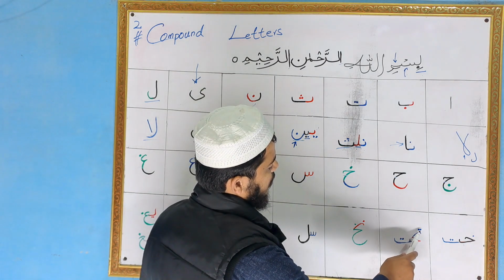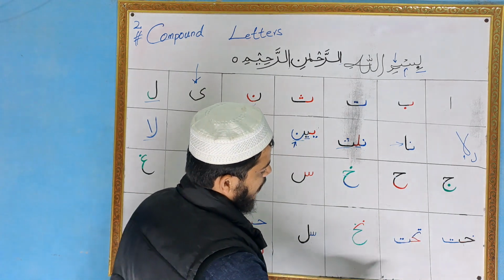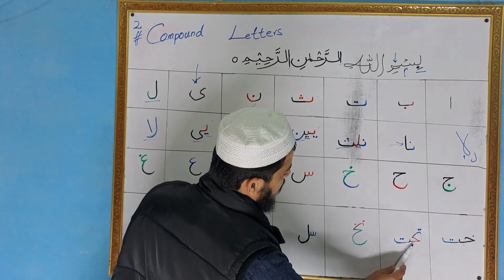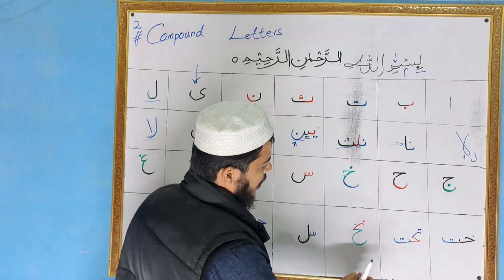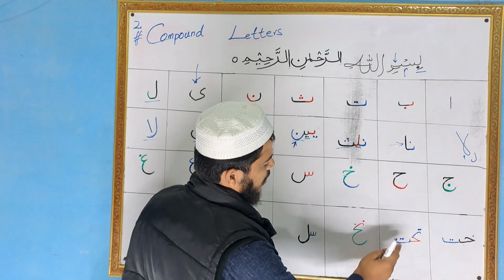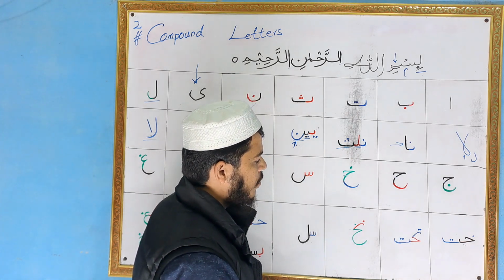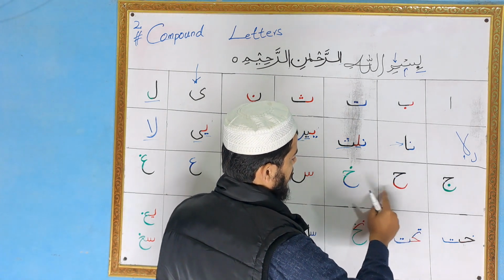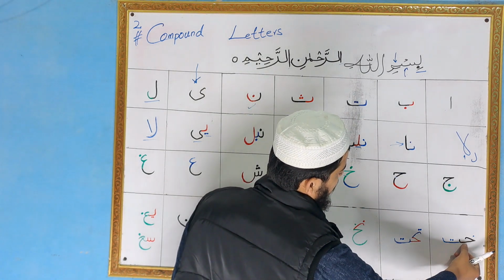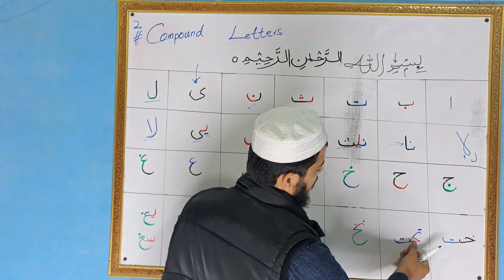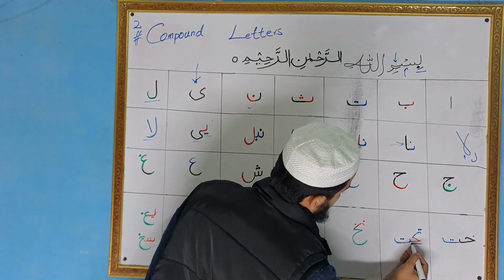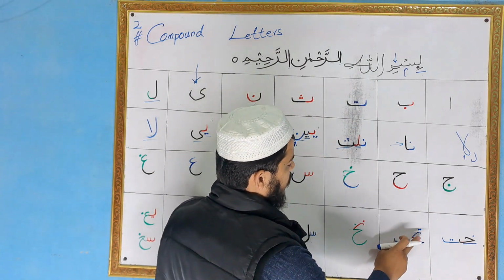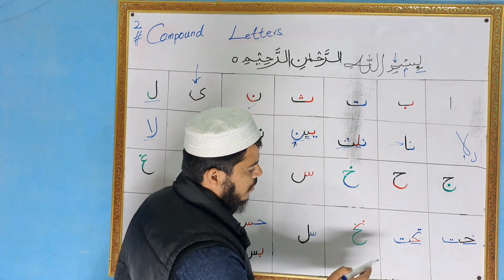So this one will be ta, the blue one, and that is the same shape as this black one. So this one will be ha, and that last one is ta again. So basically we are learning how these shapes appear as a beginning letter or as a middle letter. As a middle letter, this shape will look like that. As a beginning letter, it will be like that. So now this word is ta, ha, ta.